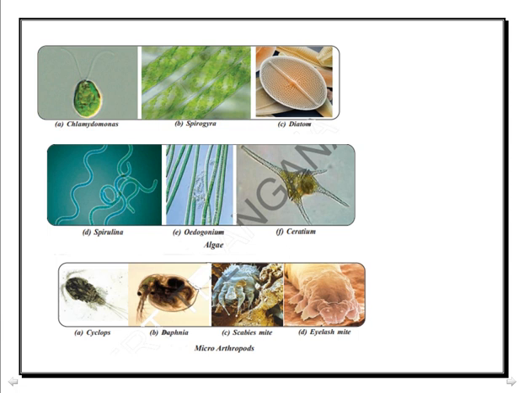Observing soil microorganisms. Collect some soil from the field in a beaker or in a glass. Add some water to it and stir it. Wait for some time and allow the soil particles to settle down.